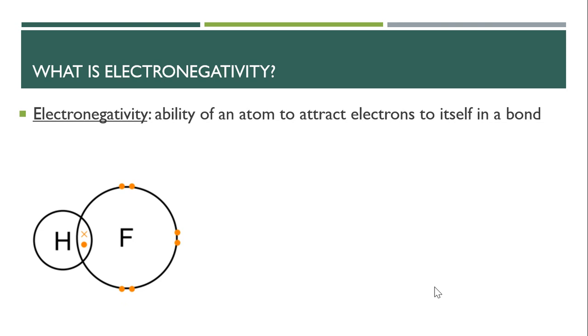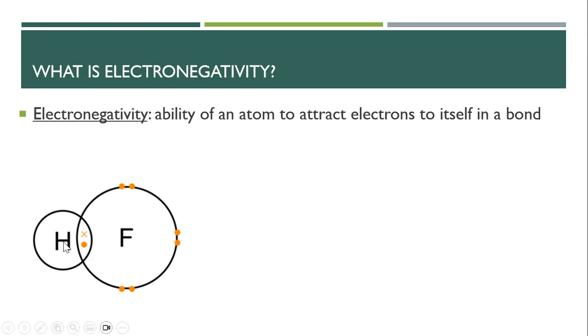If you just look at it in general, you can see that fluorine has 8 electrons around it, and hydrogen has 2. So those 2 that are shared here in the middle, those 2 electrons represent the bond that holds together the hydrogen and the fluorine.